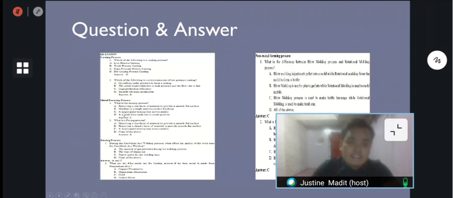It takes time to finish the turning process. You do the turning process to get the desired diameter, then you have to do a finishing pass so the surface looks shiny. And C, a single point turning tool moves axially. Yes, when you do this, it moves axially, not the other way around.